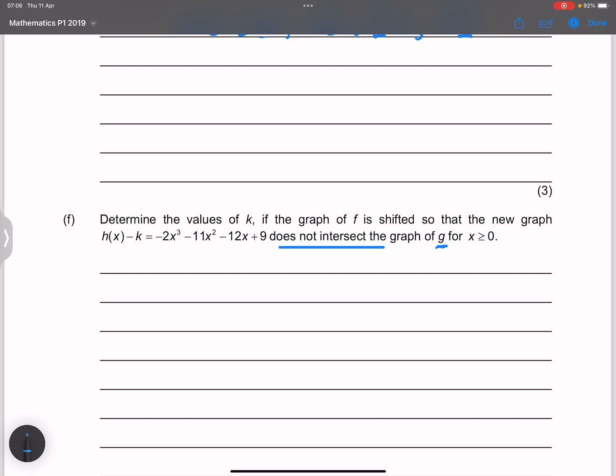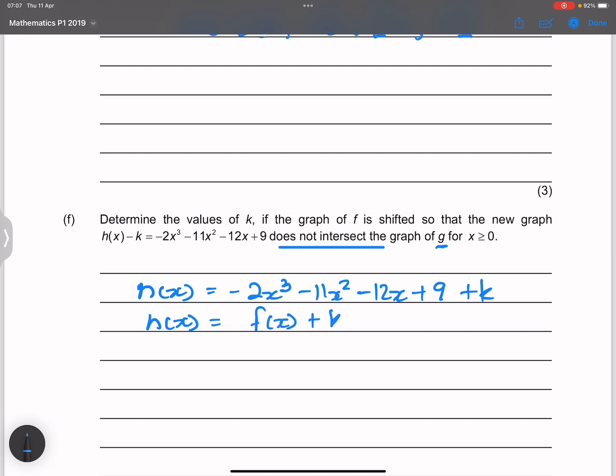Right, so h of x, what we need to check there is that will be equal to minus x cubed minus 11x squared minus 12x plus 9 plus k, right? So what have we done? So h of x is essentially f of x plus k.